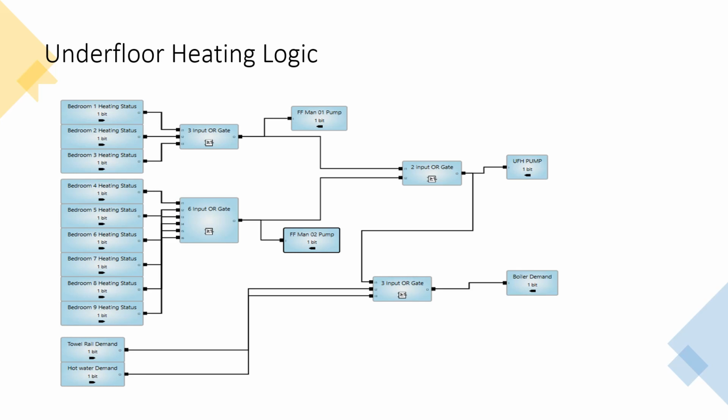If you look at this logic, on manifold 1 pump there are three bedrooms feeding from manifold 1, which are bedrooms 1, 2, and 3. The next manifold, manifold 2, has six rooms, 4, 5, 6, 7, 8, 9.